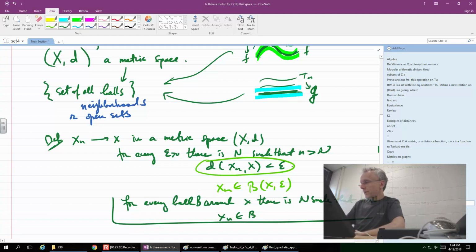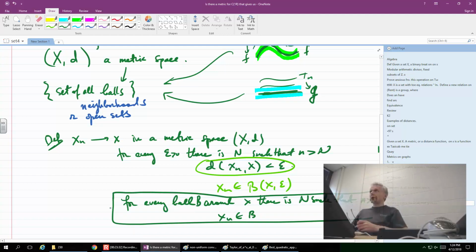That is the same statement, except epsilon has disappeared. So for every ball, strip, disk, whichever way you prefer to call this, every ball around x, no matter how small, there is an N such that the tail of the sequence past that N will belong to that ball.